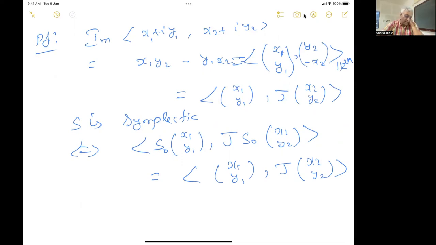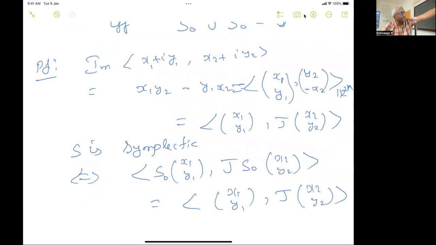Something preserves the imaginary part if and only if that relation is satisfied. That x1, y1, J, x2, y2 is equal to the inner product between x1, y1 and x2, y2. That is what it means. I have just written it in terms of the real inner product; whenever it is clear, it's the real inner product.